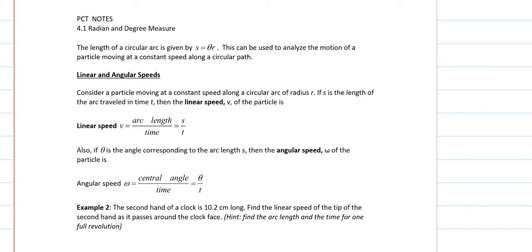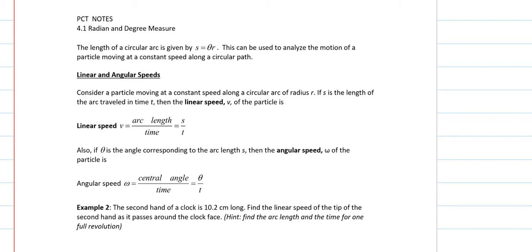circular path. So consider a particle moving at a constant speed along a circular path of radius r. If S is the length of the arc traveled in time t, then the linear speed of the particle is given by the formula v equals S divided by t.